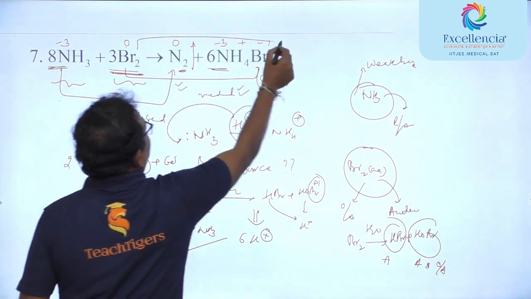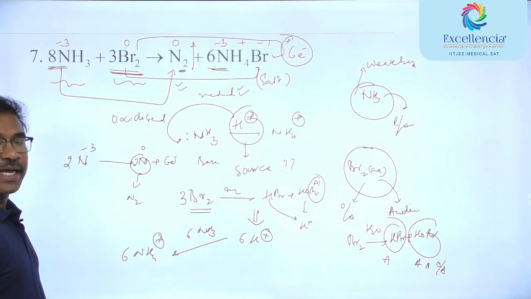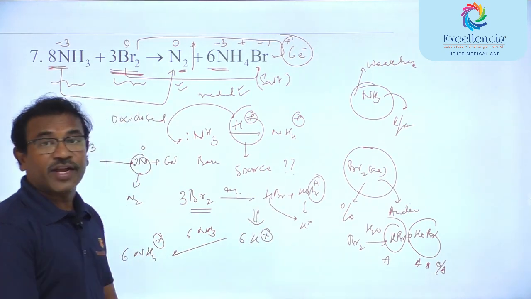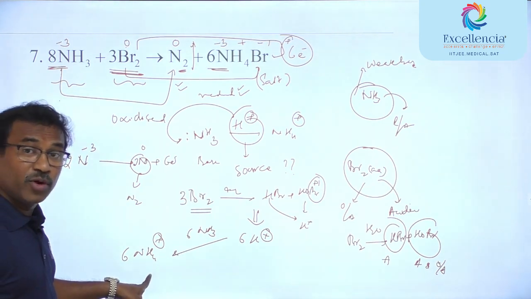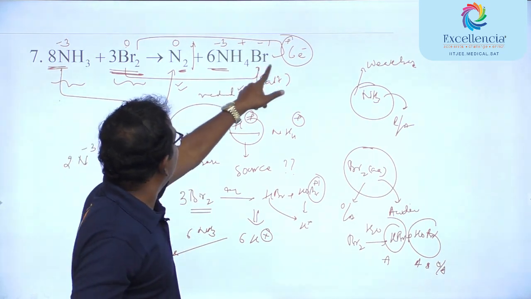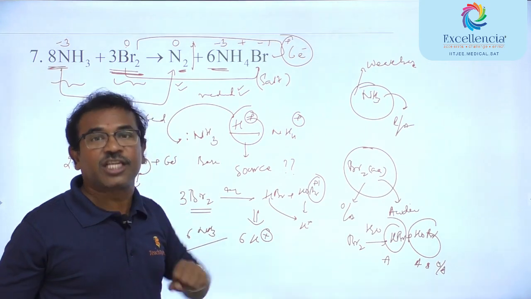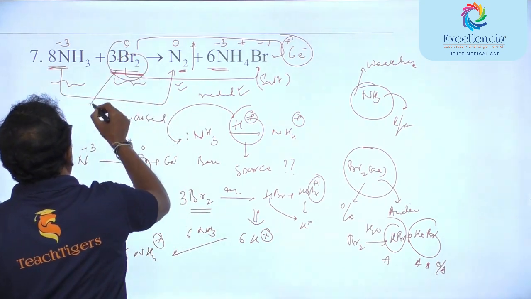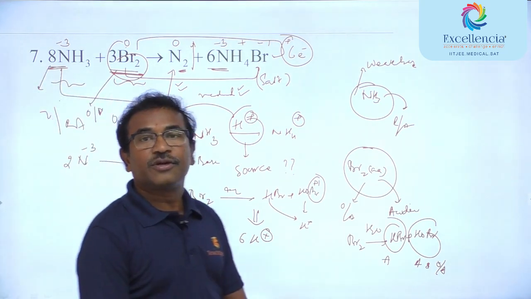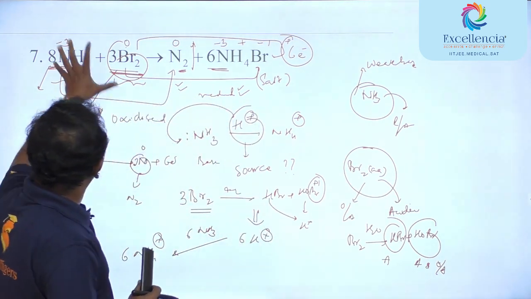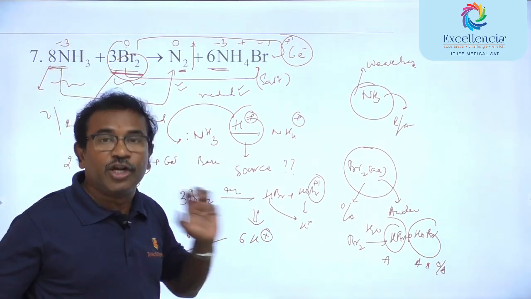So here we have compulsorily 6 electrons accepted, indirectly or through this, anything is fine. So now it is very clear. Here I showed you how 6 moles of ammonium is formed, and here we have 6 Br minus. 6 Br minus means this 3 moles of bromine is accepting 6 moles of electrons. Therefore, it is acting as the oxidizing agent, and here 2 moles are acting as the reducing agent. So therefore, part of this reaction is redox, and part of this reaction is also a nucleation reaction.